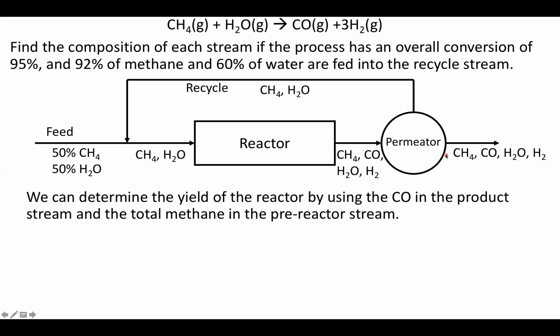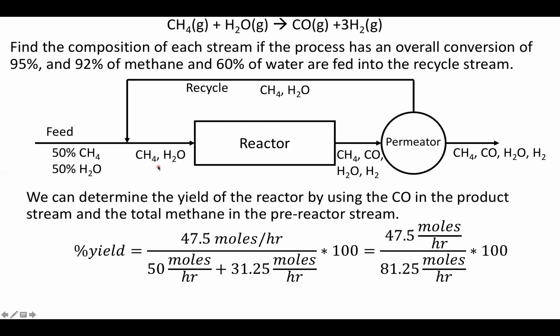Now, in order to determine the yield of the reactor, I'm going to need to figure out how much methane is essentially in the direct feed, and we've already determined the amount of methane in my direct product. So if I know the amount of methane here and here, congratulations, I now know the amount of methane here.